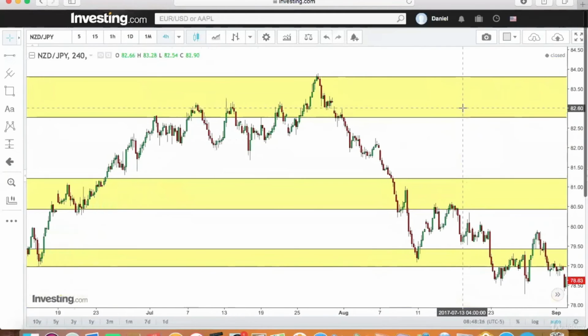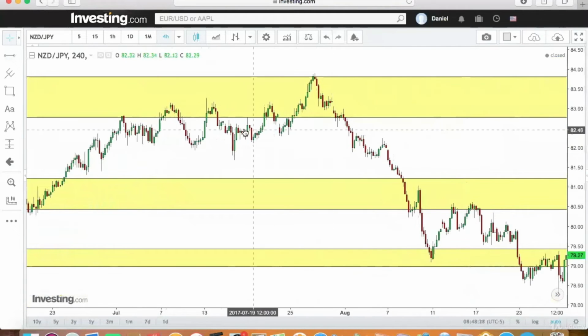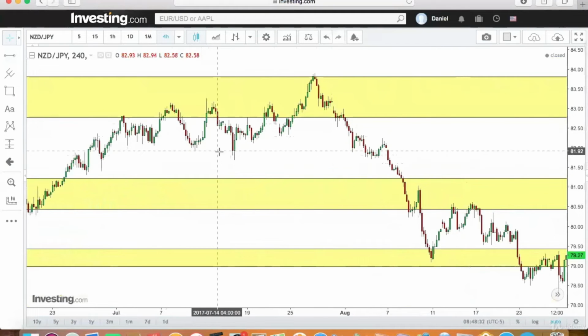And noise in the market is just pretty much the wicks to the upside or wicks to the downside, where the market made a move and then it shot right back up, or the market made a move to the upside and it shot right back down. These wicks are considered noise.